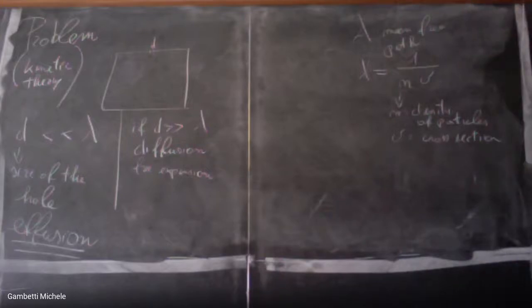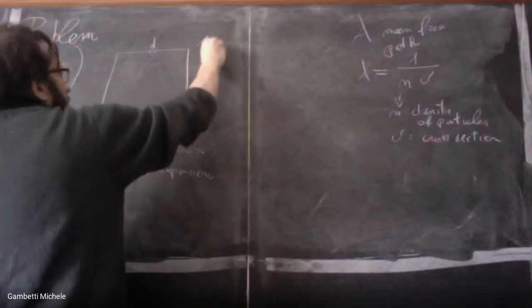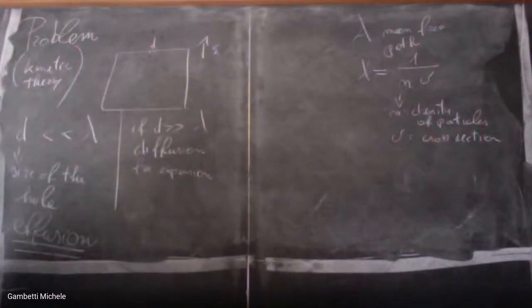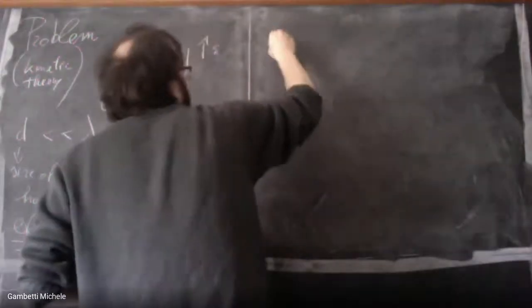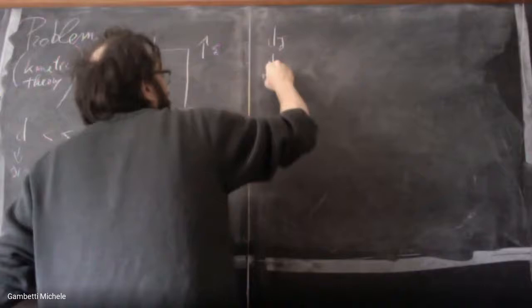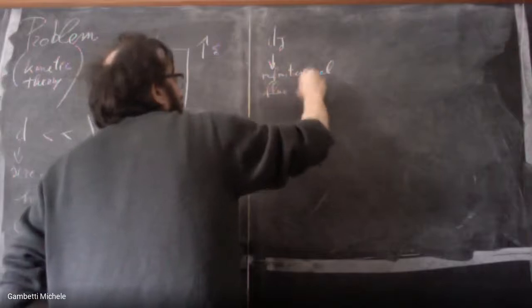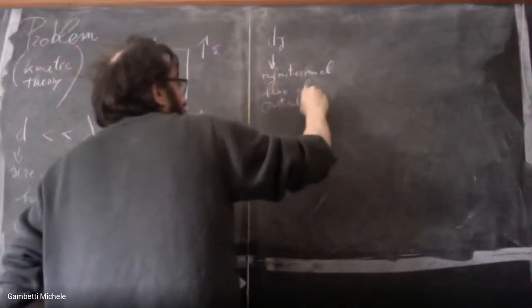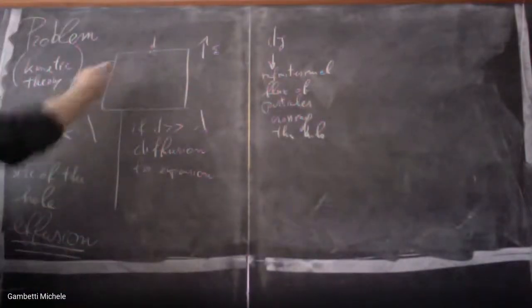Okay. And so now the problem is the following. Suppose that this is the direction of Z, and we ask ourselves the following question: to compute dj, which is the infinitesimal flux of particles crossing the hole, and therefore particles that exit this volume.